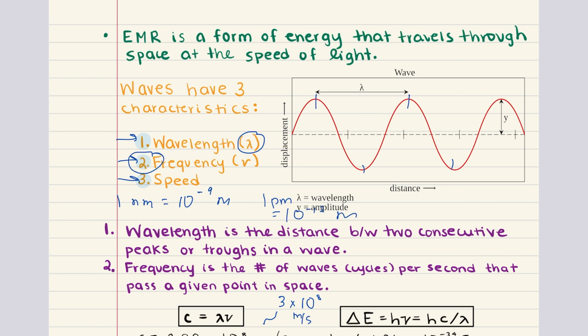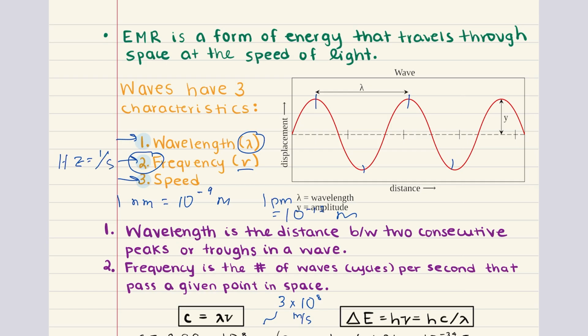Then we have frequency. This is represented by the Greek letter nu. This refers to the number of wave cycles that pass a given point in space per second. It's measured in units of hertz, where 1 hertz equals 1 cycle per second. So hertz is equal to inverse seconds, essentially.